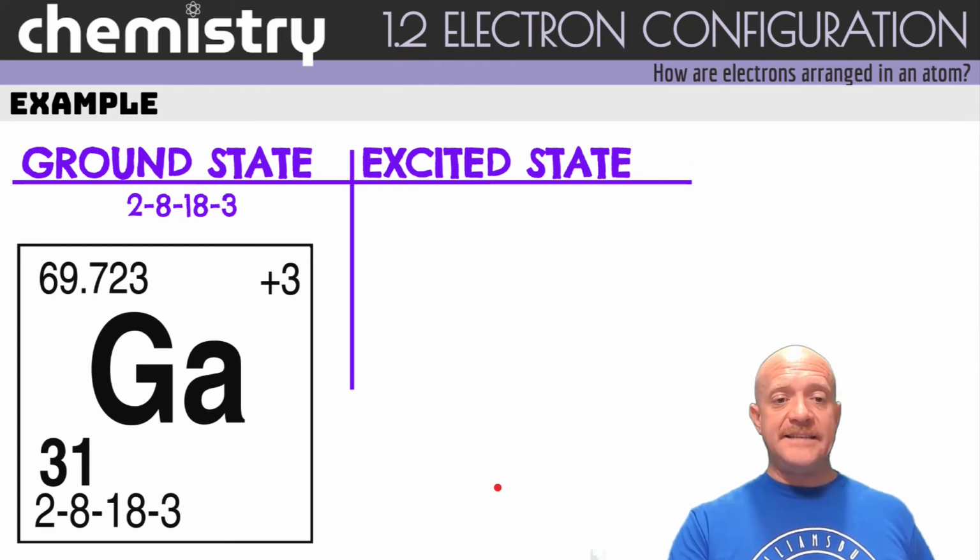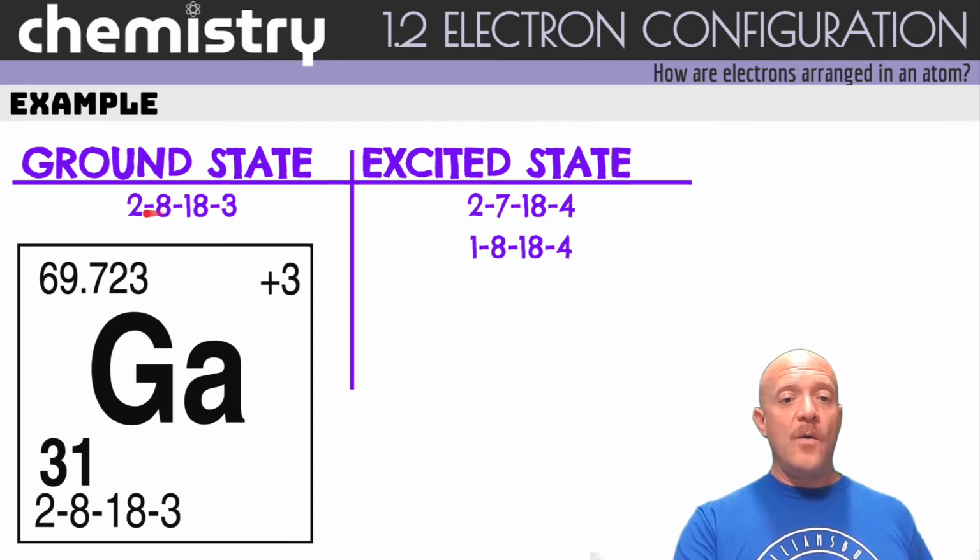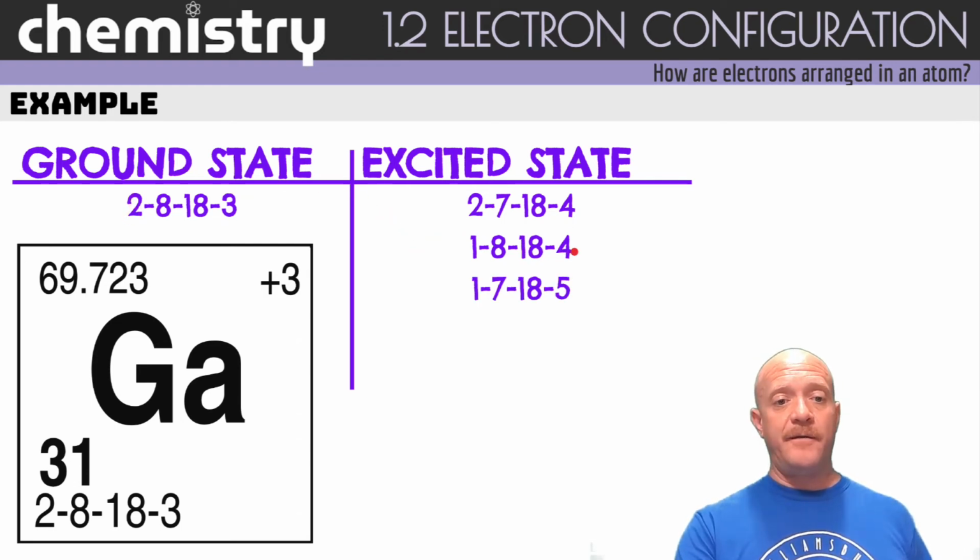So this is an example of various excited states from the ground state of gallium. Gallium is atomic number 31. There are 31 electrons in this atom. But now what can happen is you can bump, for example, one of these 8 bumps to the outer level: 2, 7, 18, 4. One of these 2 bumps to the outer level: 1, 8, 18, 4.